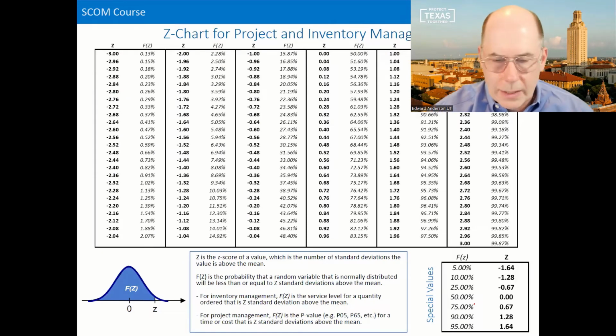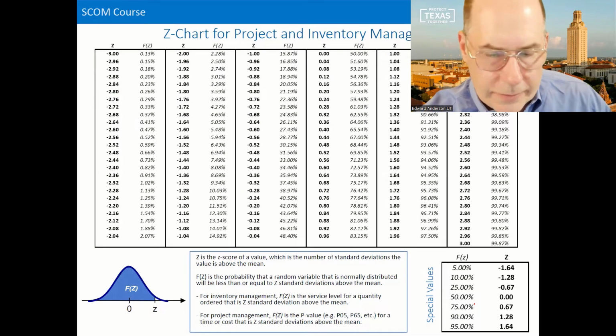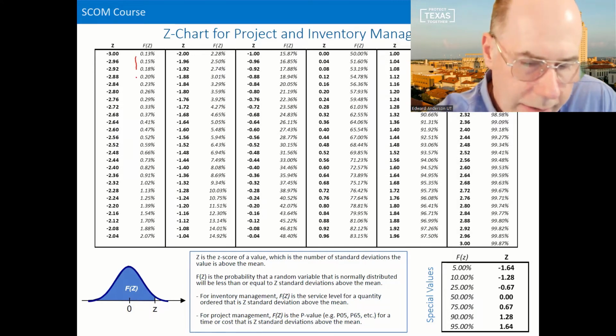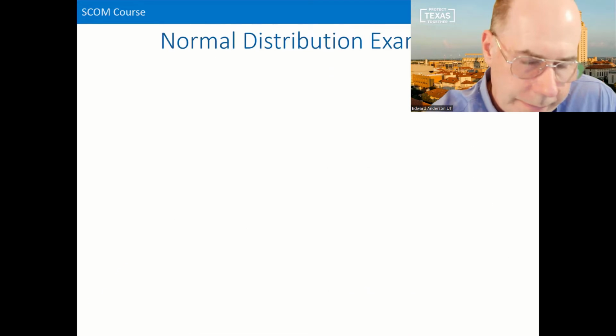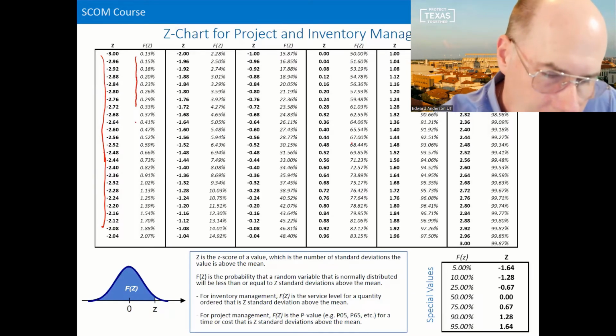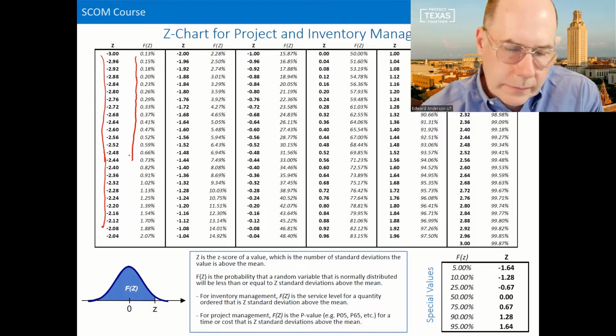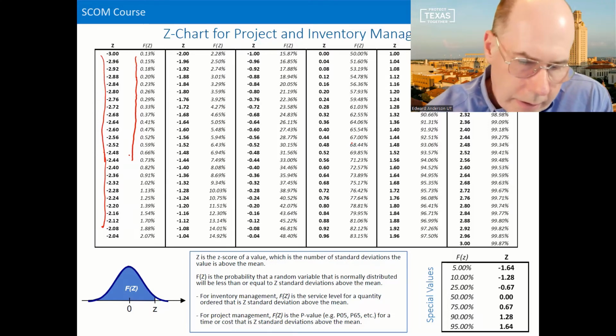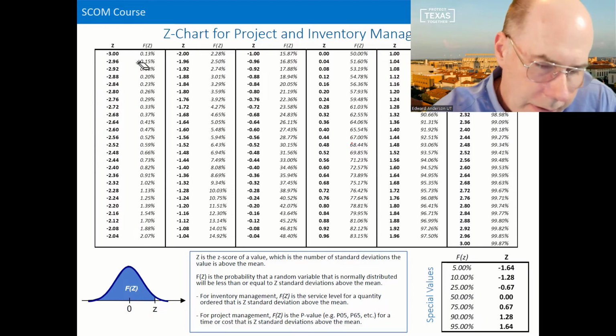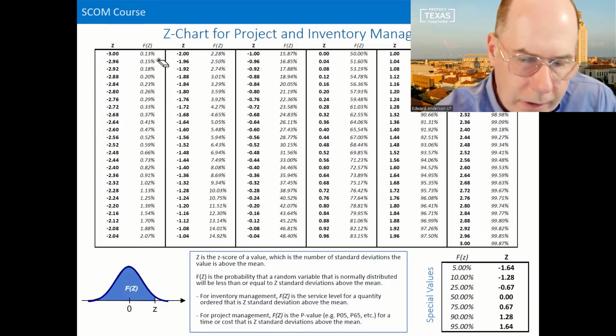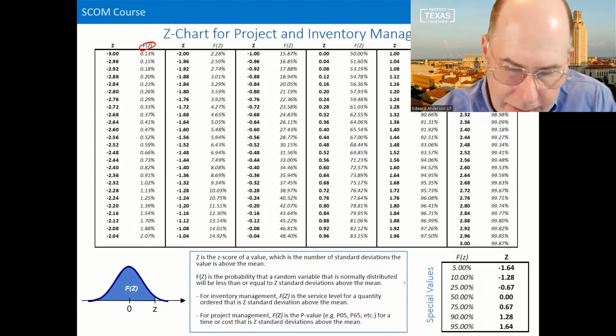Which is here. Along this column, we have z's, and along this column, we have probabilities. What we do in this particular case is look for this probability here, which is our service level.